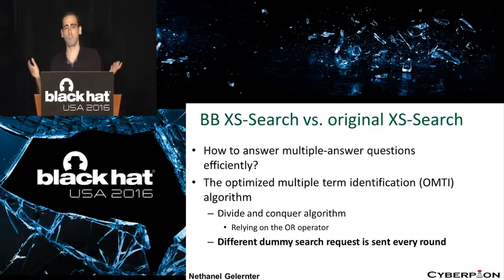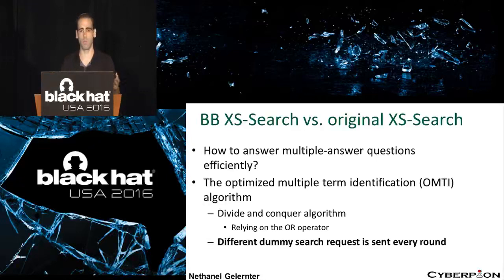We did not just ask, are you Alice, are you Bob, are you Charlie, are you David, 2,000 times. Instead, we developed divide and conquer algorithms. In particular, we used the optimized multiple term identification algorithm, OMTI. This algorithm uses the OR operator to ask questions like, is the name of the victim Alice or Bob or Charlie or David, up to the length limit of the search request.